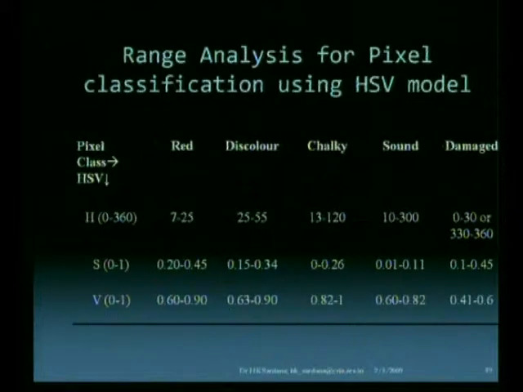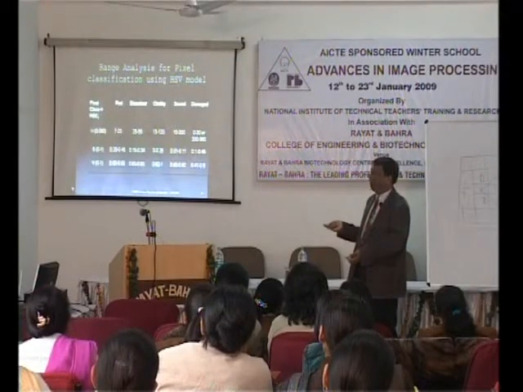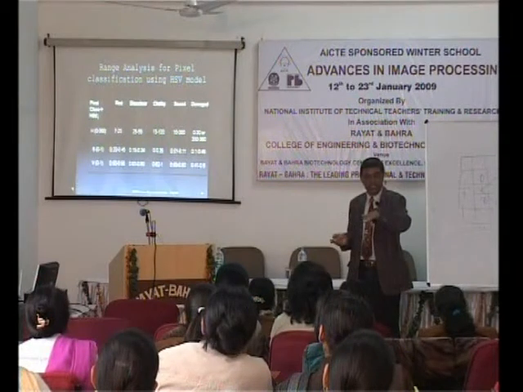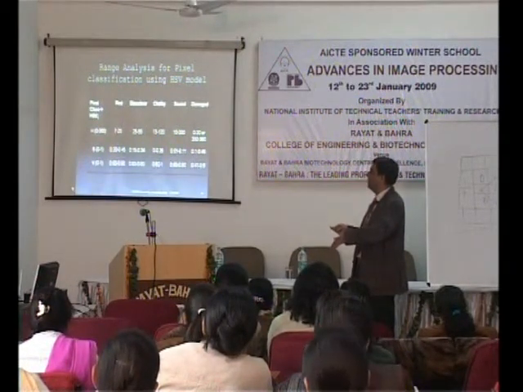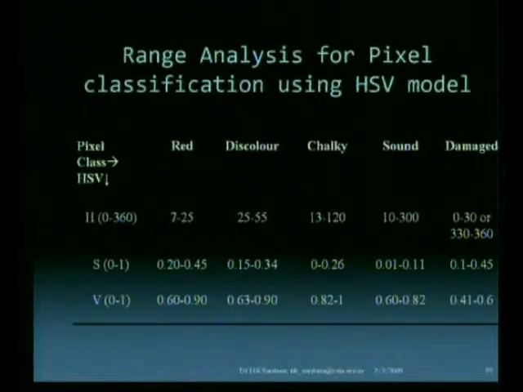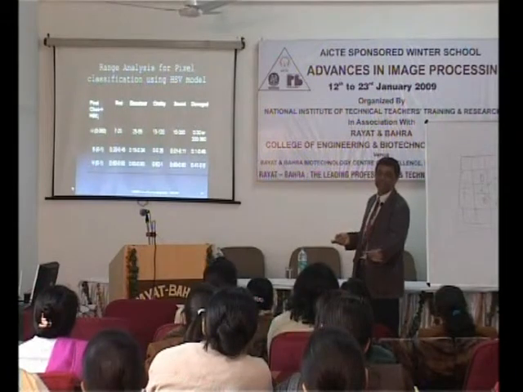And if it is in this range, then we call it discolor. This is only as far as the pixel is concerned. That means we consider all pixels are red with this band of features, as far as HSI features are concerned.